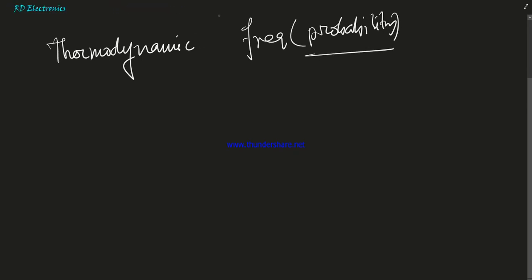So the number of microstates corresponding to any macrostate is called thermodynamic frequency. It is denoted by capital W. So what is the definition?